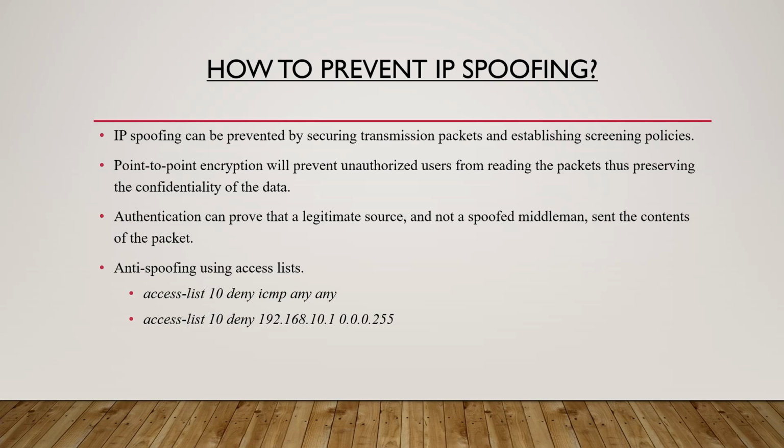IP spoofing can be prevented by securing a transmission packet and establishing screening policies. Point-to-point encryption will prevent unauthorized users like hackers from reading the packets, thus preserving the confidentiality of the data. Authentication can prove that a legitimate source, and not a spoofed middleman, sent the contents of the packet.